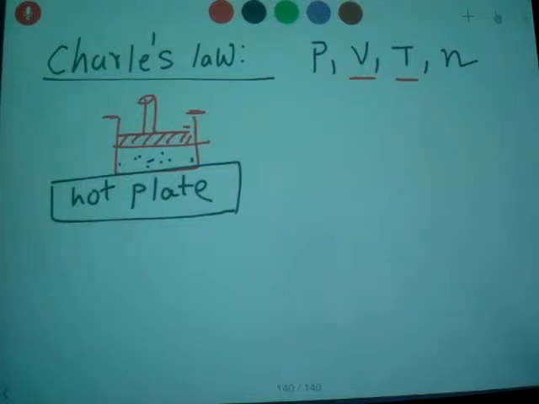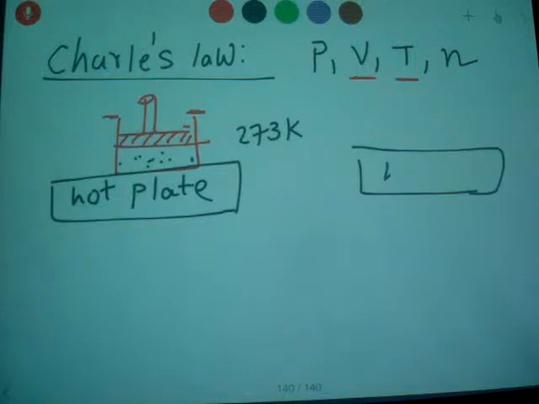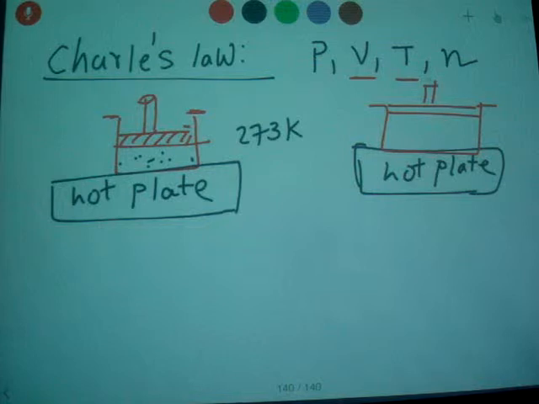At, I would say, 273 Kelvin, and then let's say he increased the temperature from 273 up to 500 Kelvin.